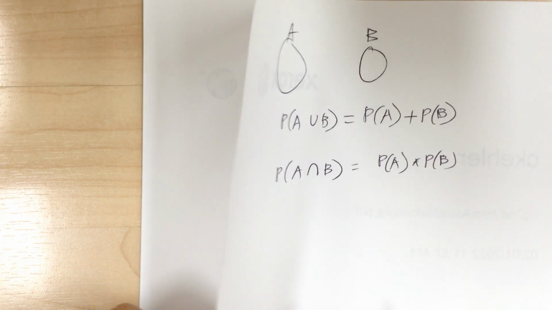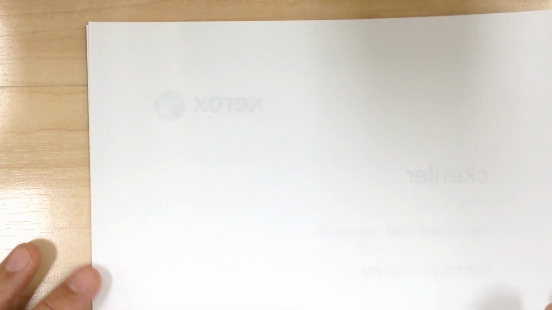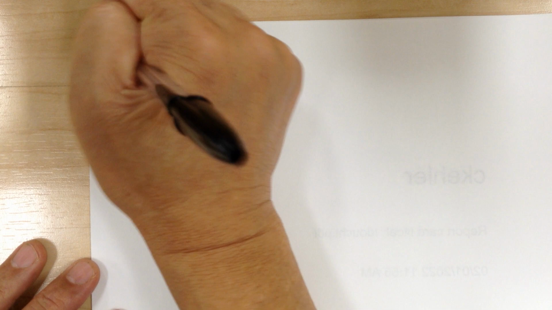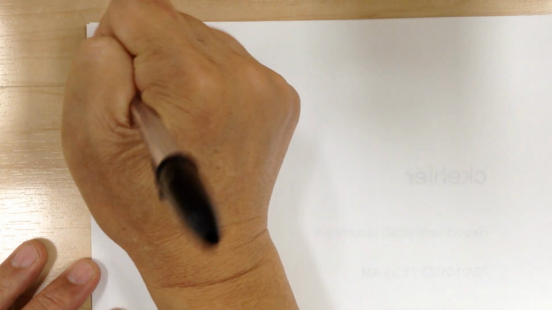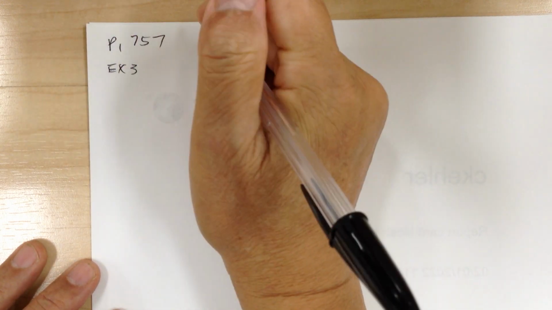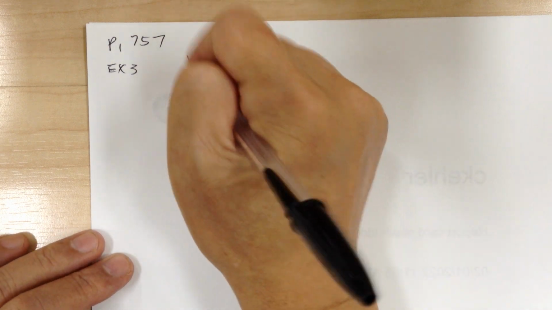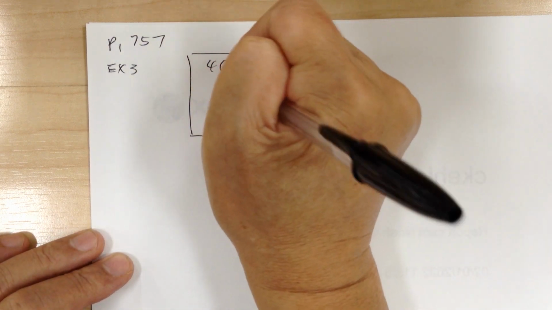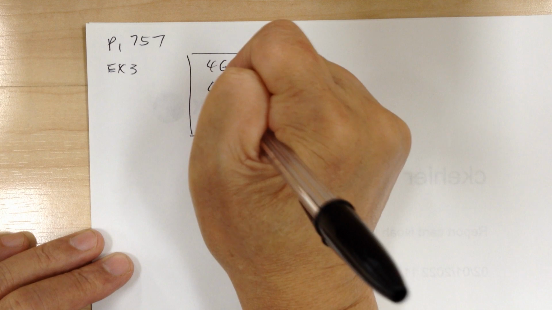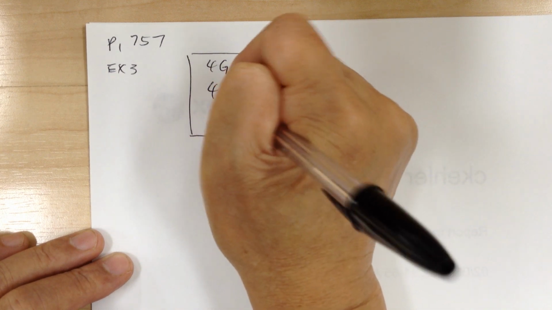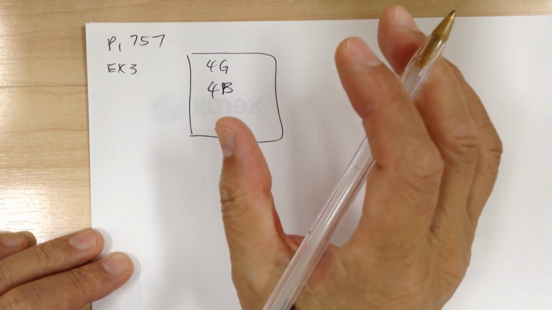Okay, let's go to example 3. A bag contains 4 green, 4 blue. Now you're going to draw 2 buttons at random.